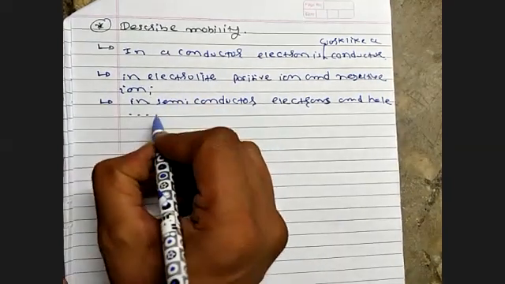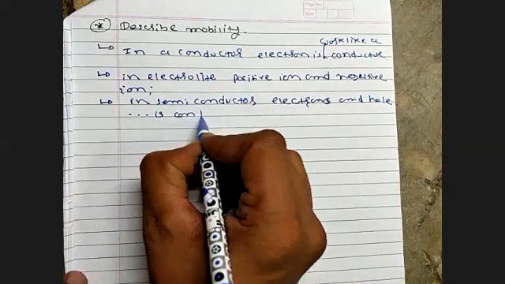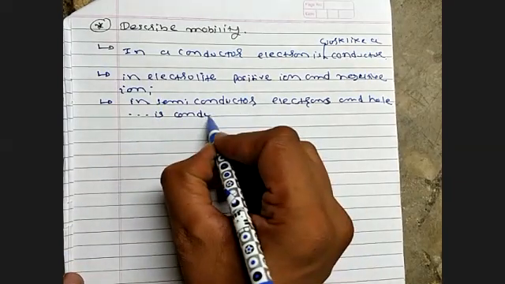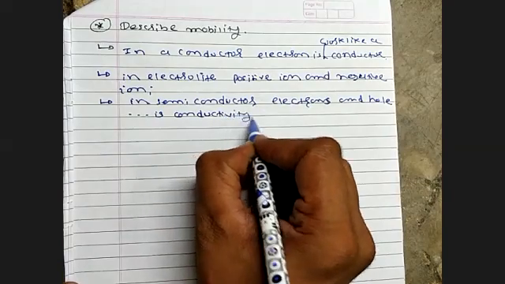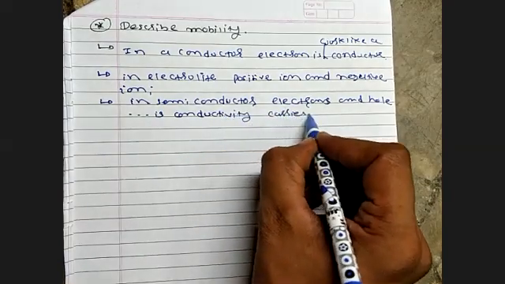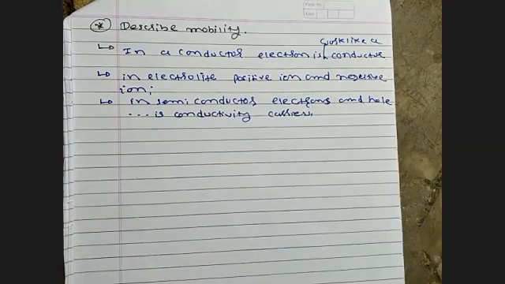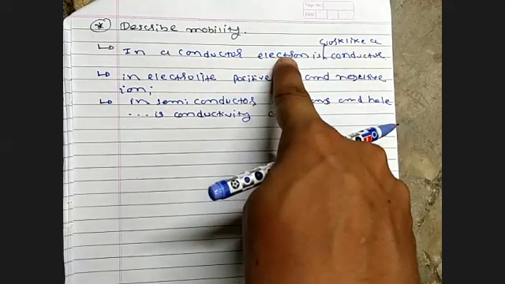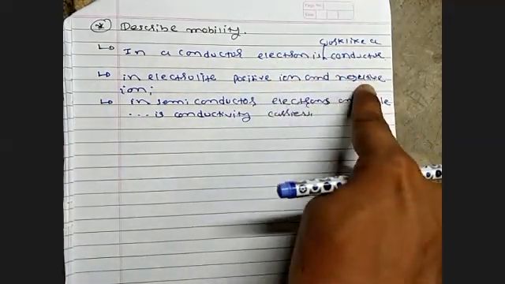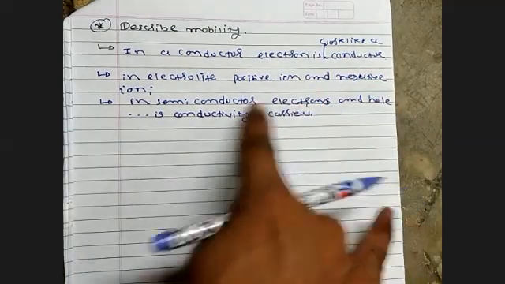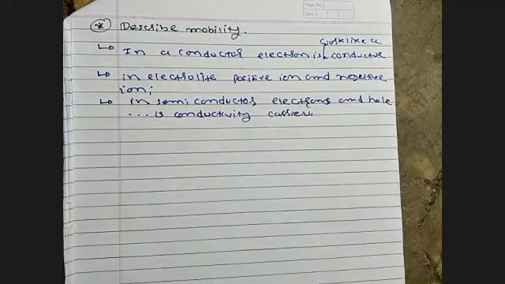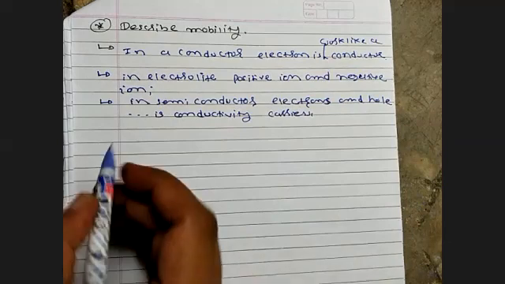These are the conductivity carriers: in a conductor the electron is the conductivity carrier, in an electrolyte the positive and negative ions are the conductivity carriers, and in a semiconductor the electron and hole are the conductivity carriers. With the help of these, conductivity takes place. Move further.